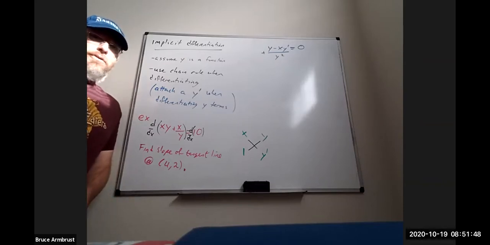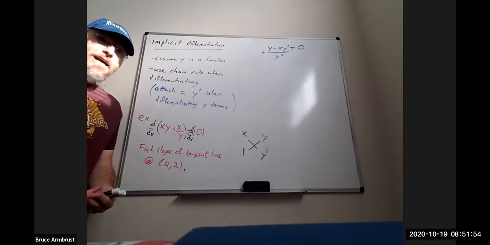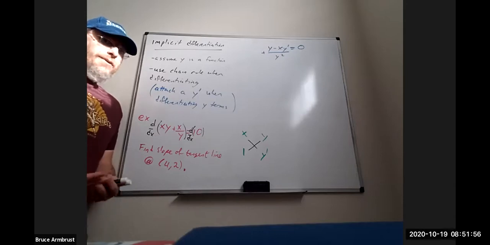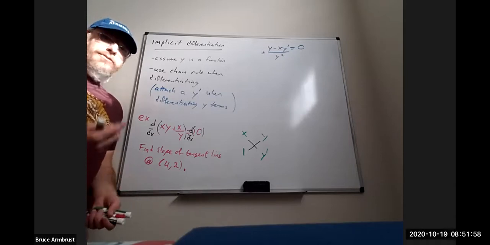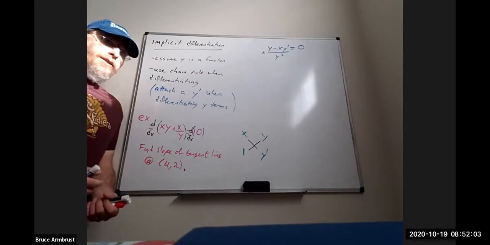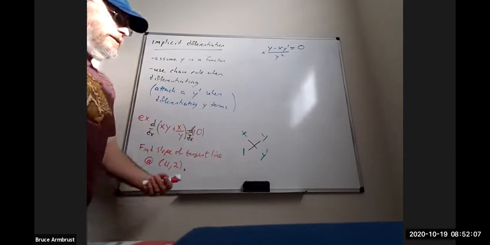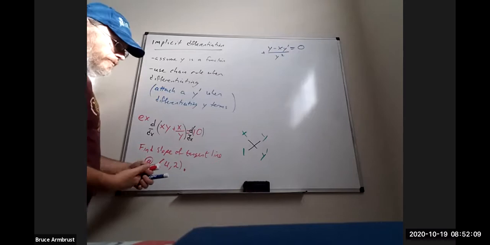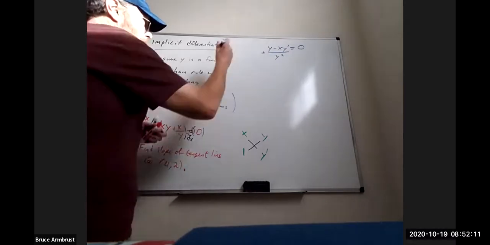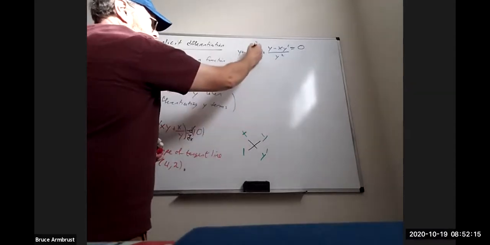This one's going to require product rule, because we have x times y. Even think about how we say it, right? It's x times y. As soon as you say that word times, ooh, that's product. So that one we need product rule, which, hey, I can use the same setup. I just do something different with it. I'm going to get a 1 times y, which is y, plus x times y prime.